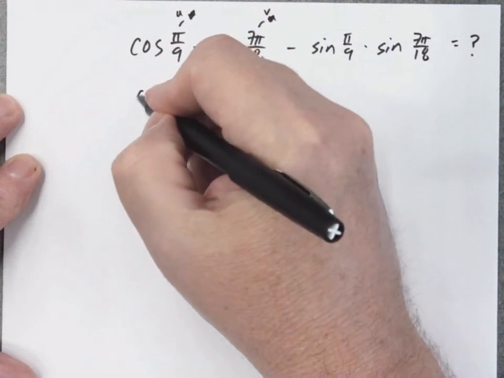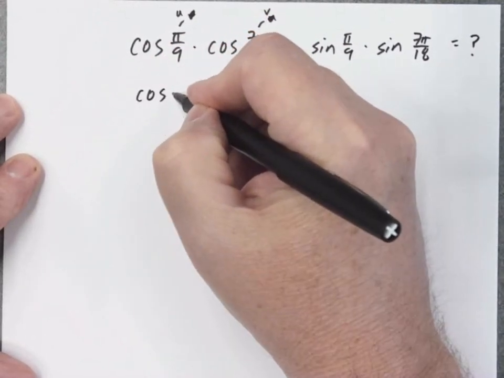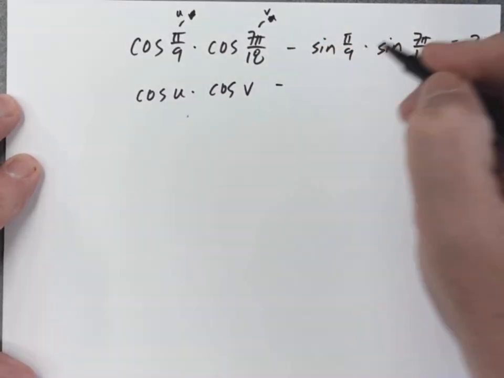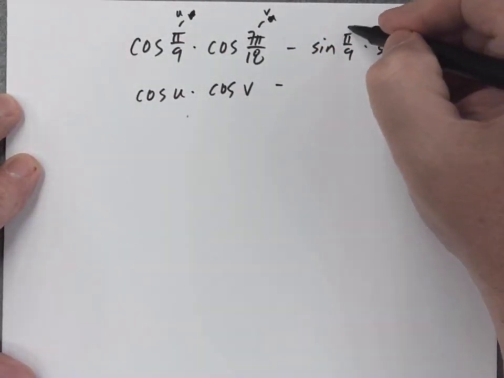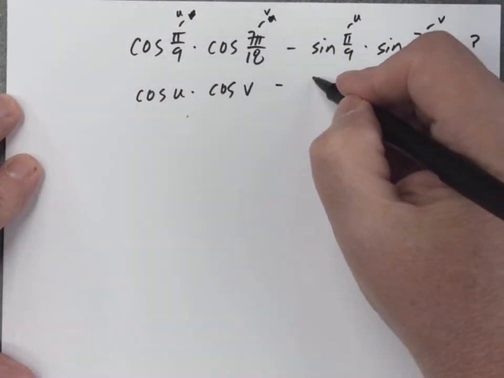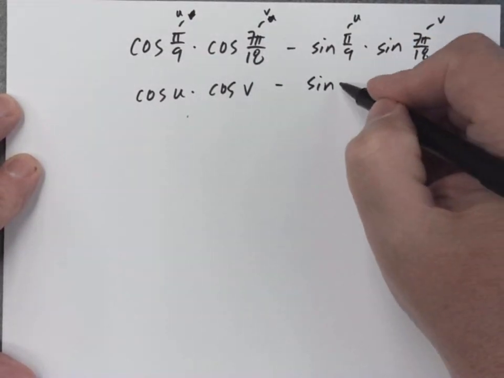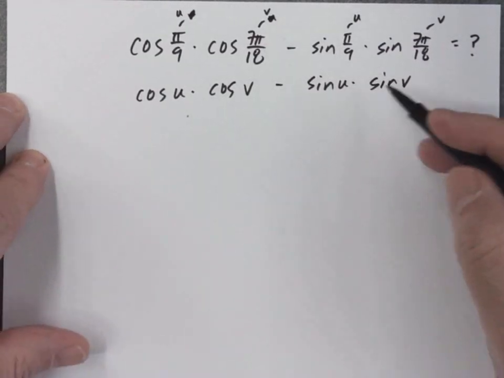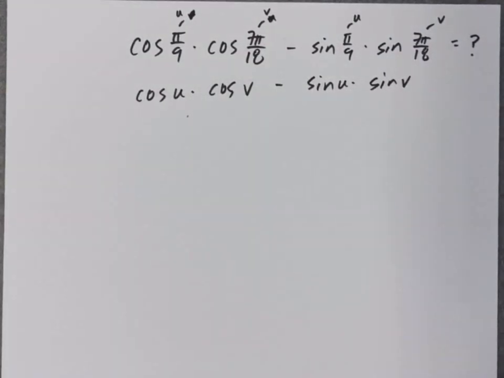So what I really have here, just to make it very clear, is cosine of u times cosine of v, where pi over 9 is u and 7 pi over 18 is v, minus sine of u times sine of v. Now this hopefully makes it pretty clear which of these formulas fits.